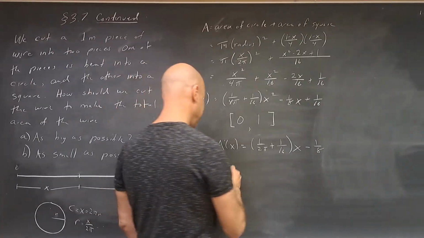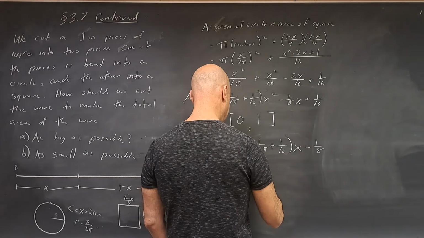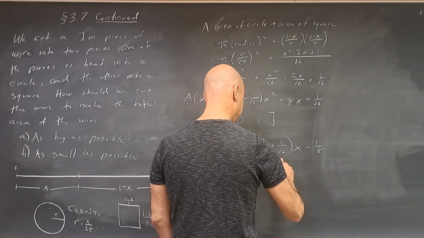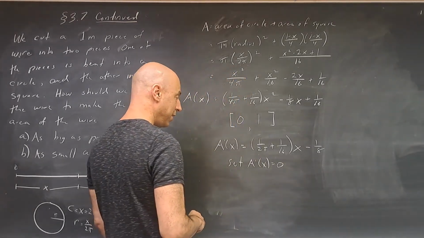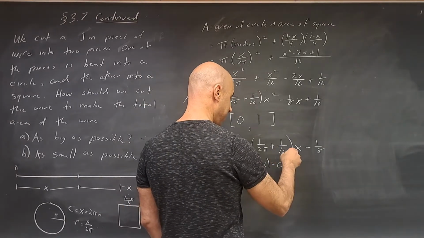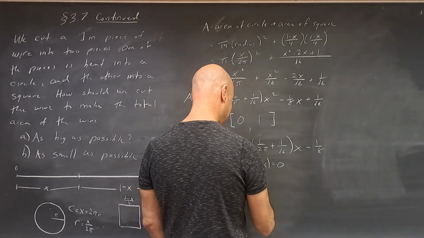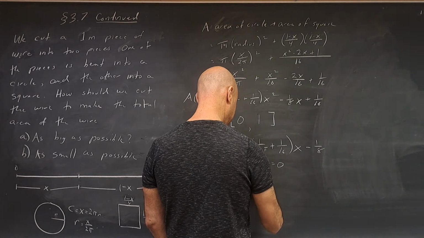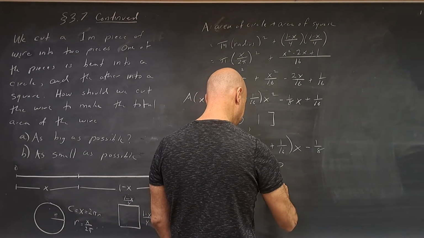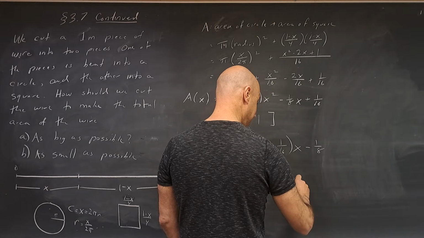So we'll set a prime of x equal to 0 to get our critical point. So we have all this times x minus 1/8 equals 0. So we have 1 over 2 pi plus 1/16 times x.